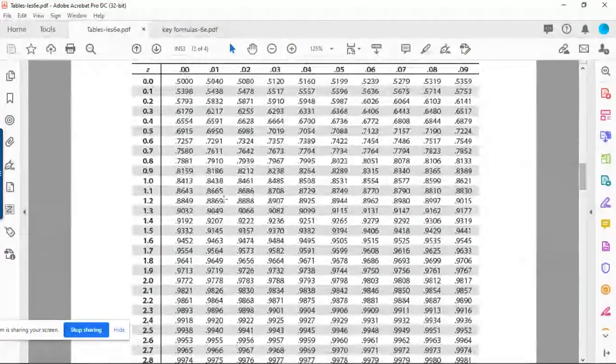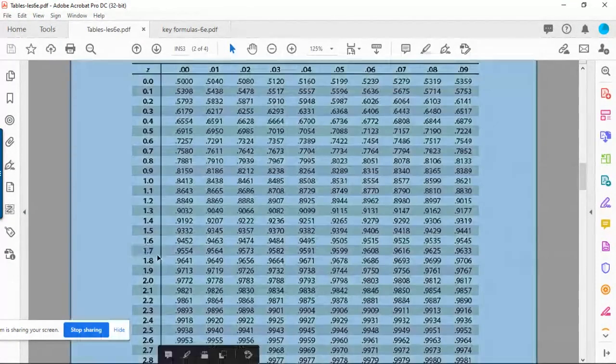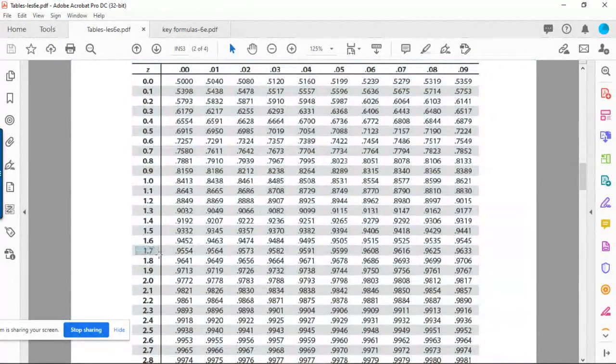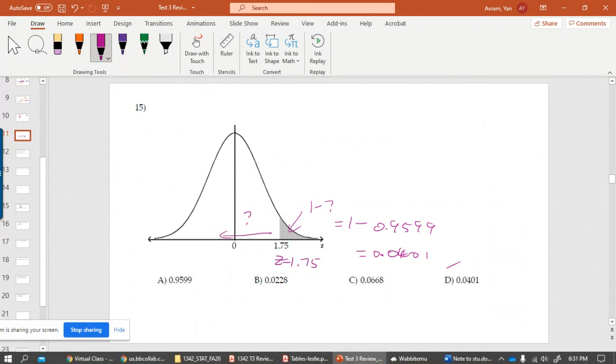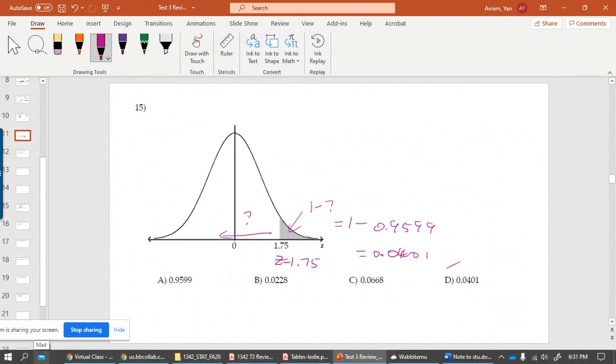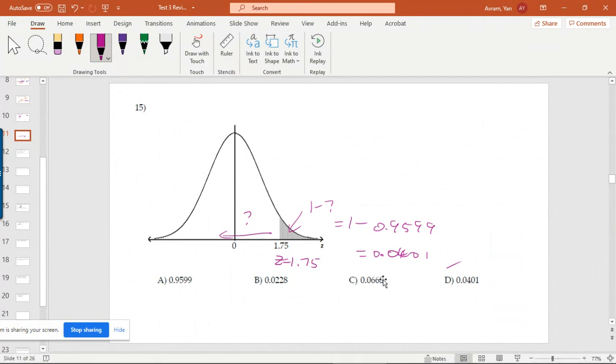So if we go to the positive one, 1.7 right here, 1.75, that is 0.9599. And then subtract this one right here, which gives you 0.0401 in here.